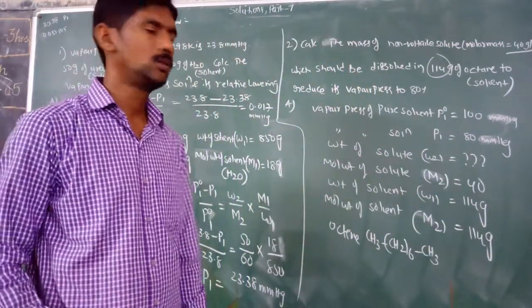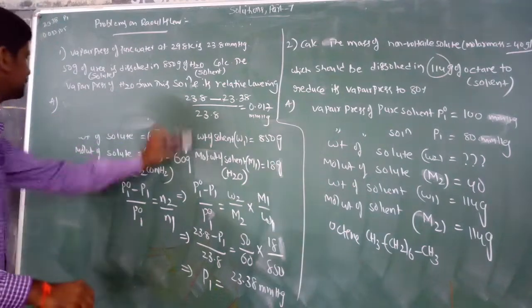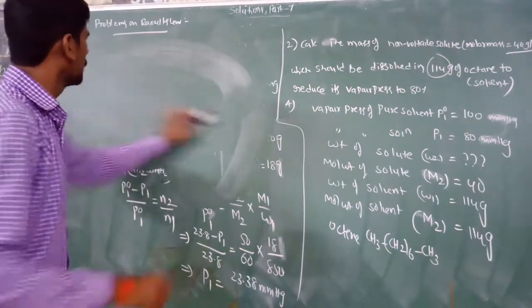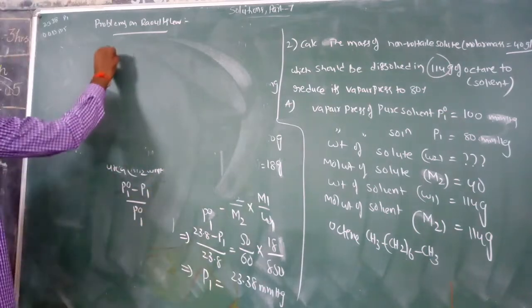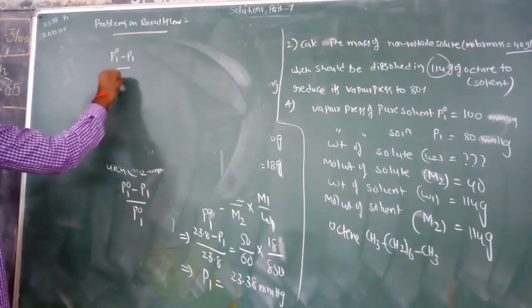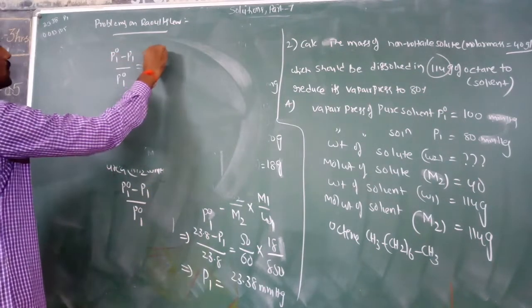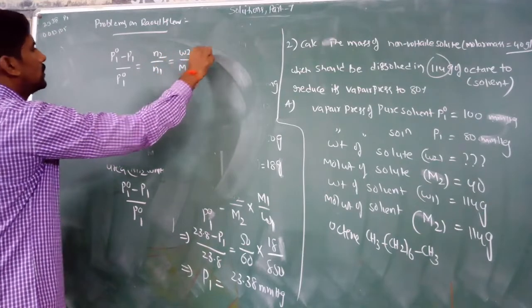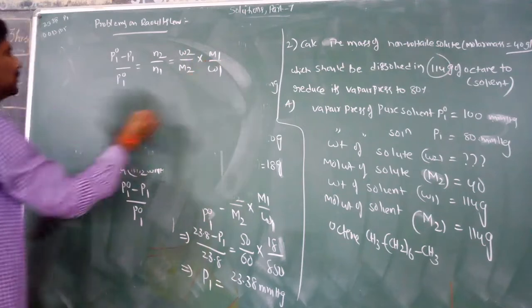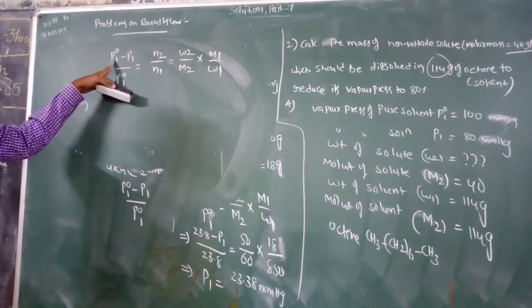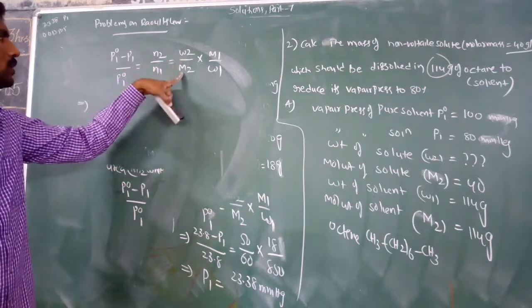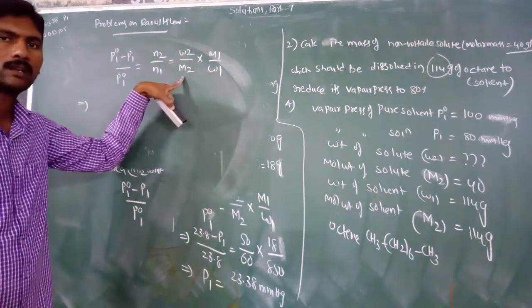Then substitute into Raoult's law formula. What is the formula? P01 minus P1 by P01 is equal to N2 by N1, which is equal to W2 by M2 into M1 by W1, since number of moles means weight by molecular weight.